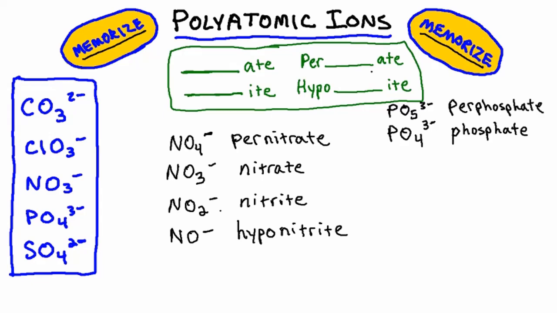Or what if we took away an oxygen from that phosphate and we only had PO3 and a 3 negative charge? That would be phosphite. And what if we took away another oxygen from the phosphite? So we have PO2 with a 3 negative charge. That would be hypophosphite.